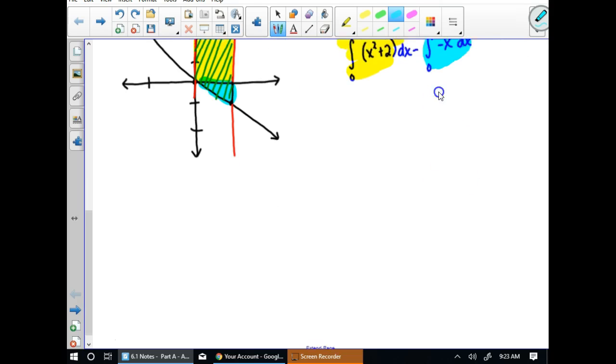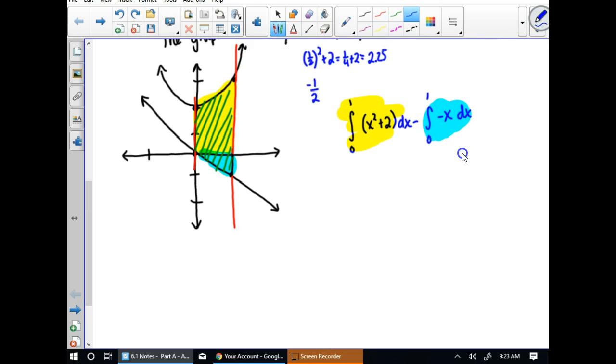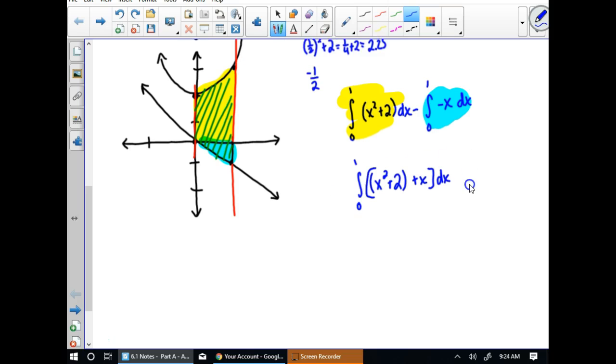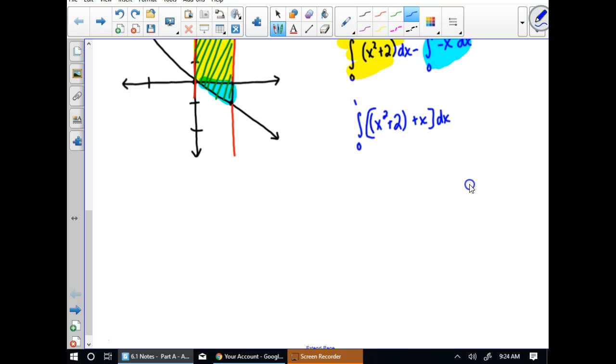So I am going to put these together. So integral from 0 to 1 of x squared plus 2, plus x dx. And it would be okay maybe if you didn't write this, but wrote this instead. That would be fine, but you need to have an integral set up somewhere. And I just like this better if I put those in order.